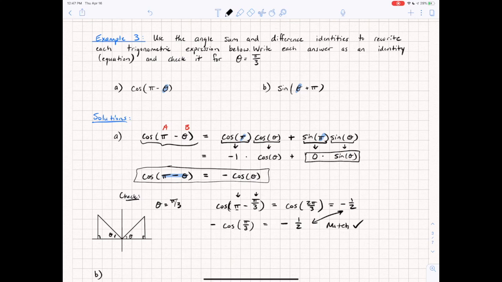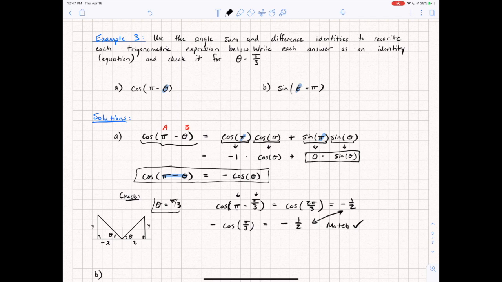But the only difference is, although these y coordinates are the same, what's true about their x's? This one has to be negative, right? And this is true no matter where you are. And so this is the relationship between angles in the second quadrant and their reference given in the first quadrant. Remember, for cosine, the x values are negative because we're in the second quadrant.